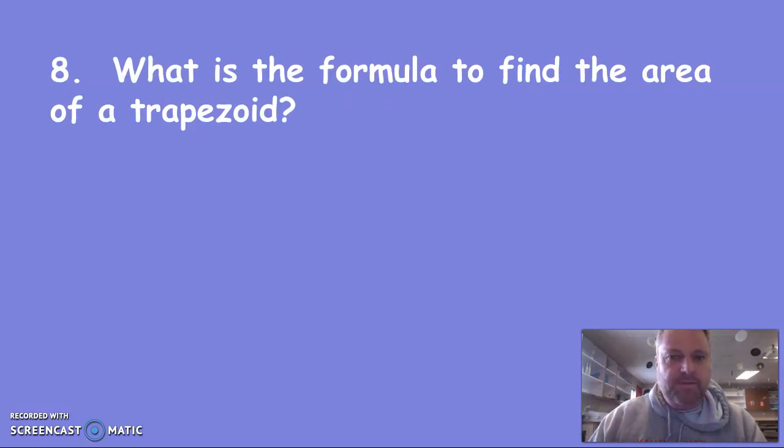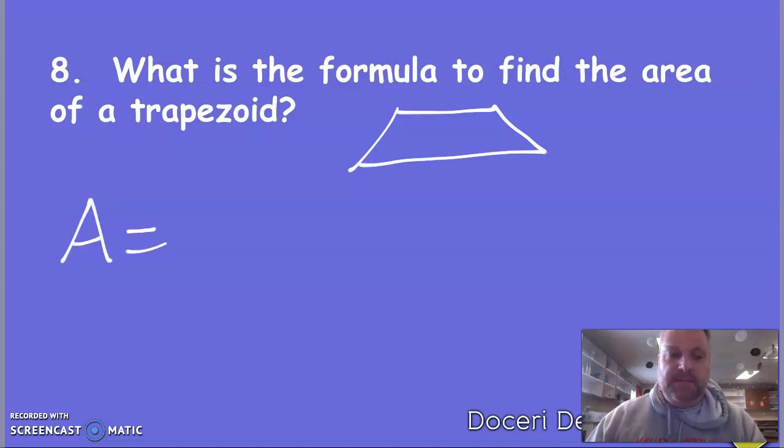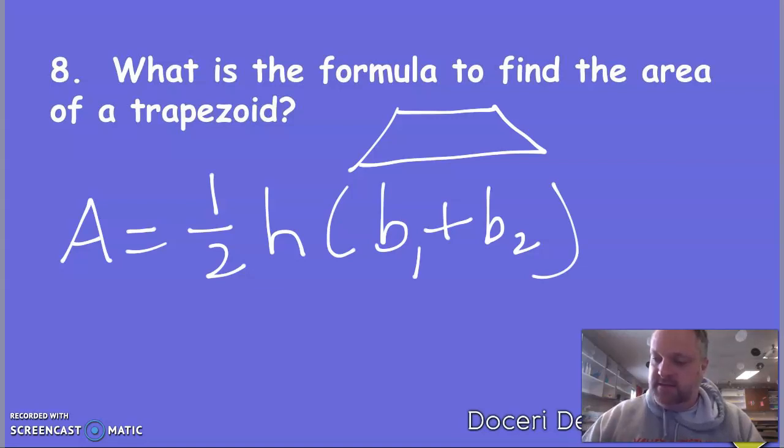Number 8. What's the formula to find the area of a trapezoid? Okay, just to review that with you. So remember, trapezoids are shapes that look like this, and their area is found by taking 1/2 of the height, multiplying it by the sum of the base 1 plus the base 2. Remember that the height is this right here.